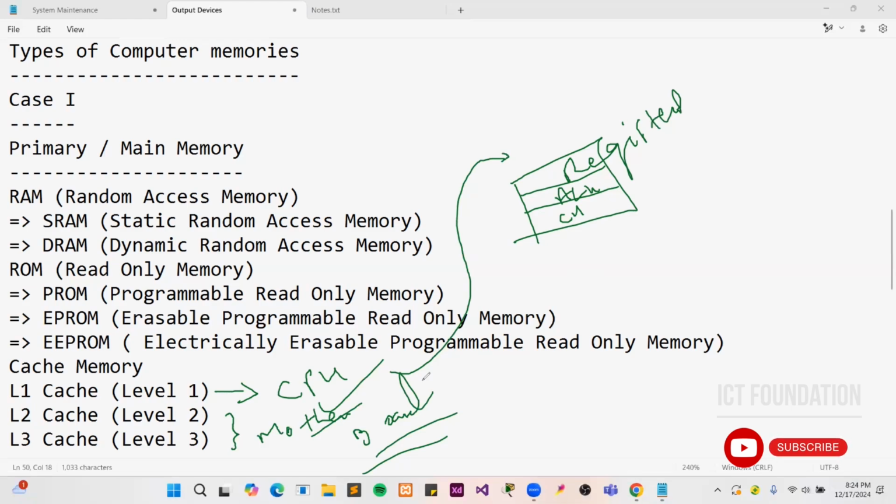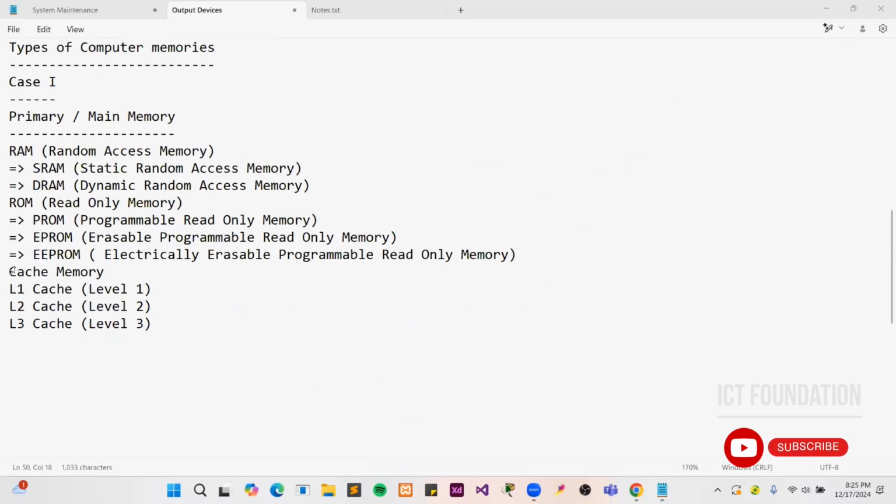These are mainly connected with the motherboard. So L1 is located within the CPU, and L2 and L3 are on the motherboard. So this is cache memory. These are the kinds of computer memories in primary memory.